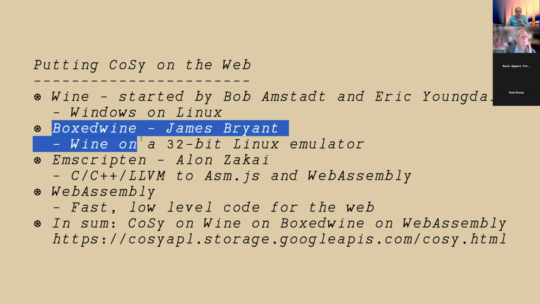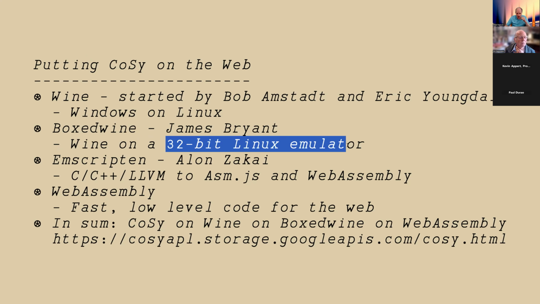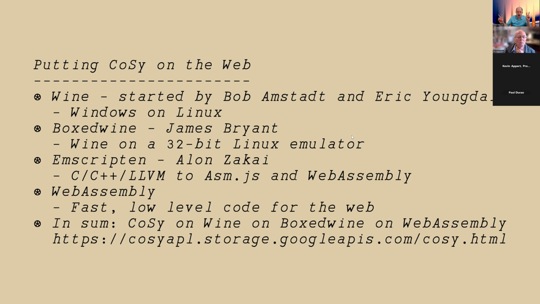And there is yet another project called Boxed Wine that lets you take Wine and run it on top of an emulated Linux emulator. So it's boxed in the sense that you're taking Wine and then running it inside of another emulator.